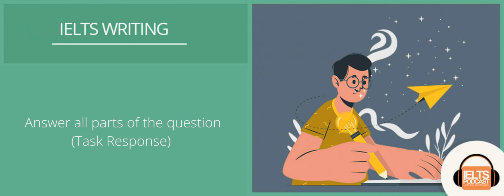So, as I said, let me just outline the process one last time. We simplify the question. We generate a couple of ideas for body paragraph 1. Brainstorm a couple of ideas for body paragraph 2. Double, triple check we're on topic.